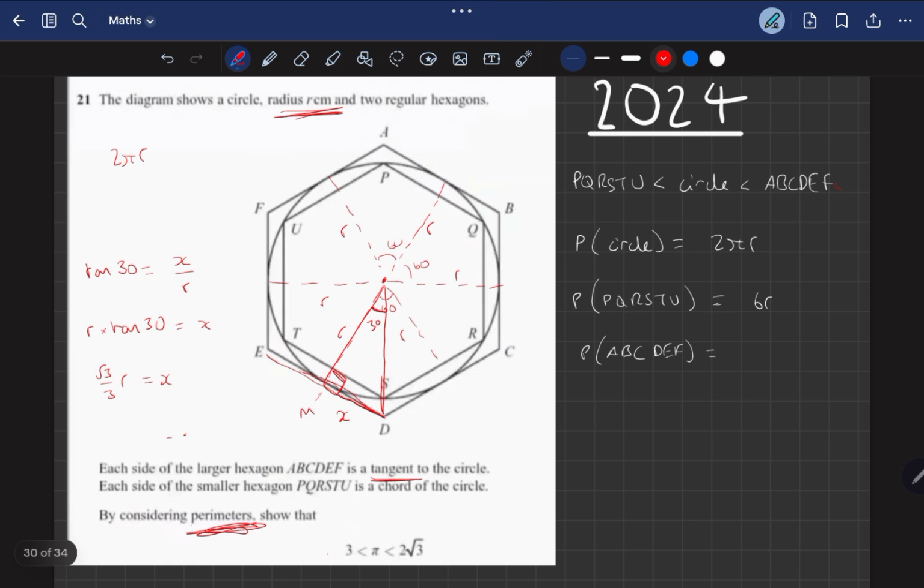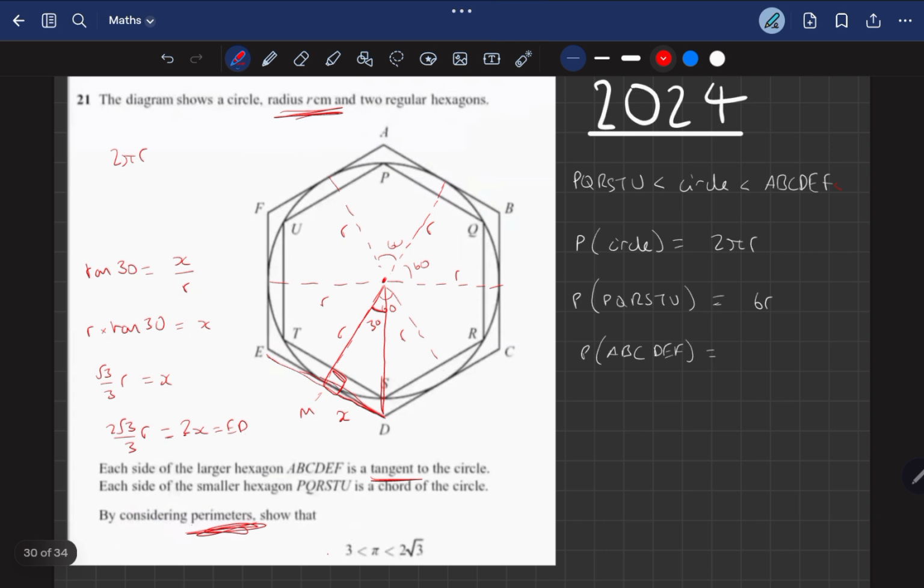How did I know that tan 30 is root 3 over 3 without using a calculator? If you want to find out, watch our other video on how to work out trig values without using a calculator. Now, however, the entire side length is 2 times x. So 2 root 3 over 3 r is equal to 2x, which is equal to ED.